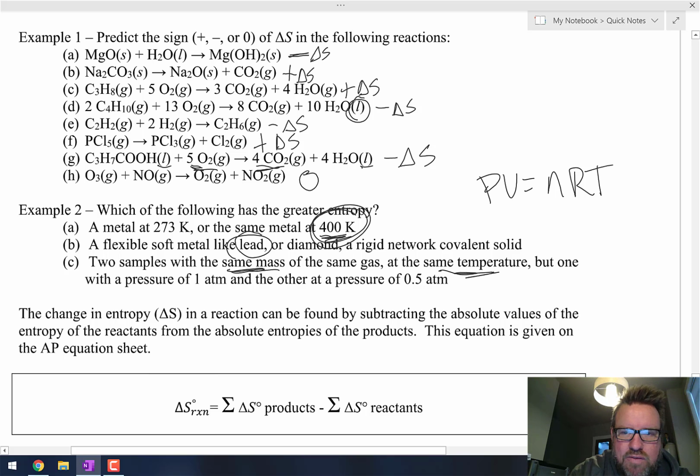If the masses are the same, the moles are the same. R is always the same, and the same temperature means that whichever one has the greater pressure has the smaller volume. And so if the pressure is greater in one, that volume is smaller. So the smaller the pressure, the greater the volume.